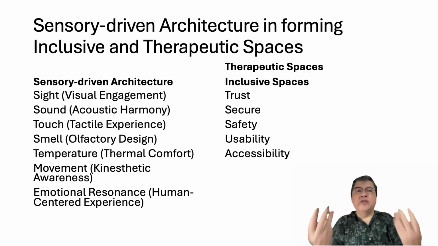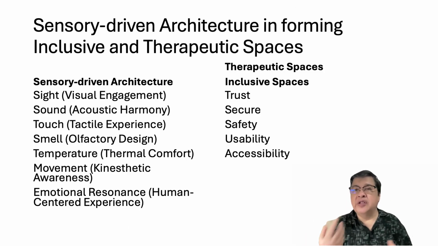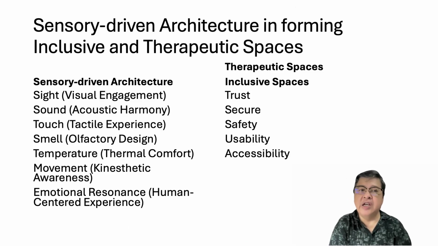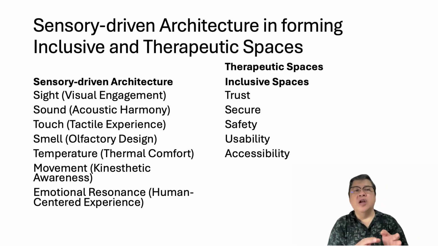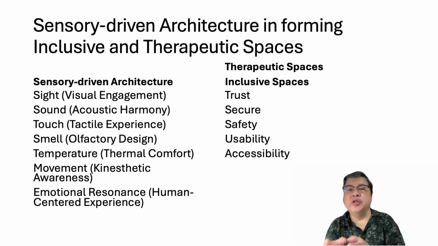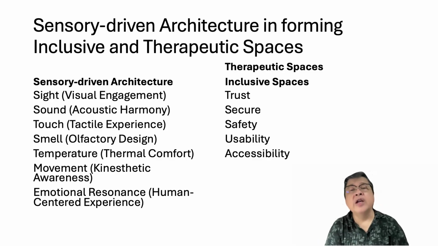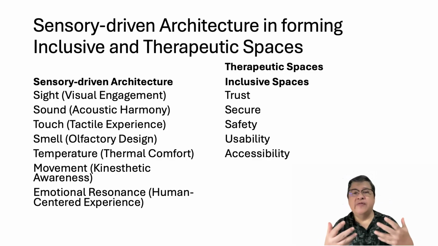So we go back to sensory-driven architecture informing inclusive and therapeutic spaces. We're trying to link those principles that we've engaged with earlier, that I've shown in the case studies, in order to get the goal of therapeutic and inclusive spaces that we asked about before in part one, which is having a space that you feel trustful, secure and safe, and that is usable and accessible as well.